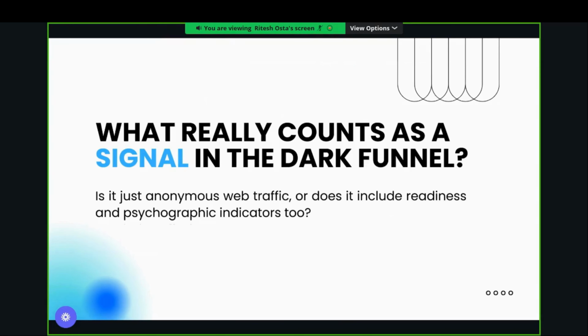Now, before I answer this question, let me give you a little context of the signal behind the dark funnel. There are prospects out there, anywhere between 80 to 98% of prospects, who have a need at that particular time, in real time, and they are in the dark about you, and you are in the dark about them. So how do you know that they have a need?